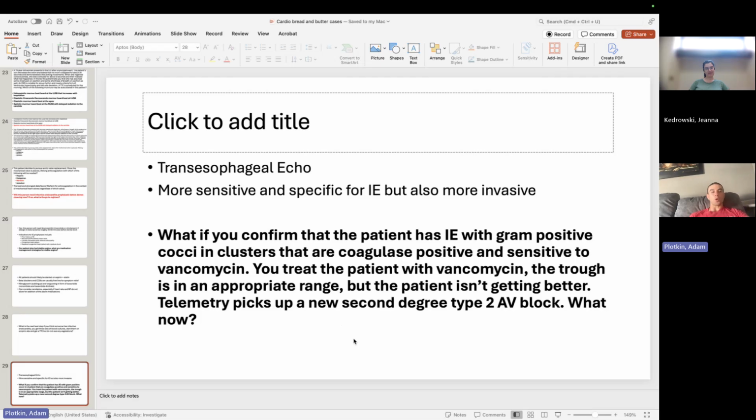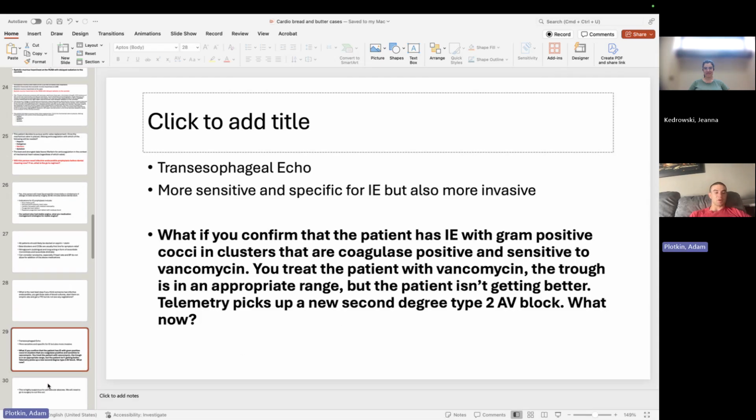We have the proper dose, the trough's in the right range, but it's not working, and they have a new heart block. So this is when you consider a perivalvular abscess, okay?